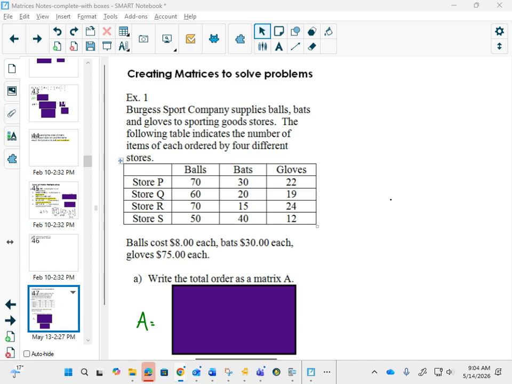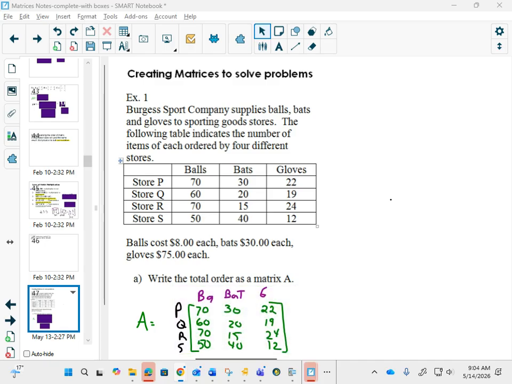So the total order as a matrix A is just putting those numbers into a box. But because it's a word problem, in purple and black here, I've added some labels for myself to remember what things were.